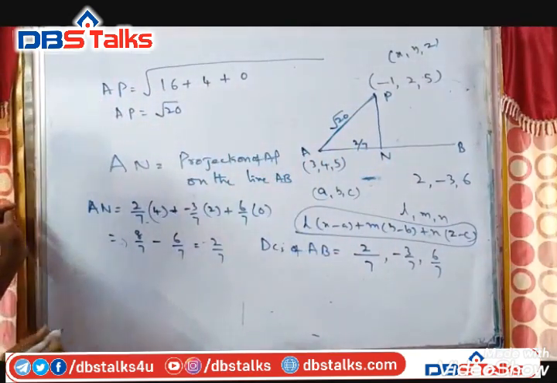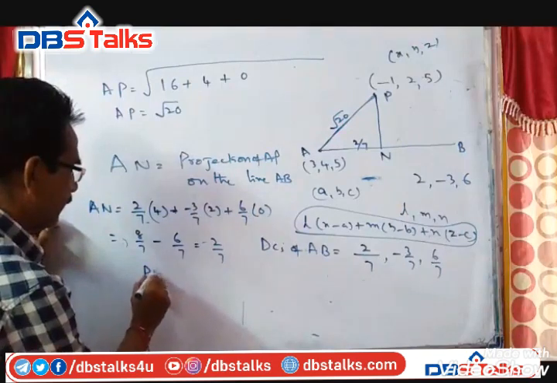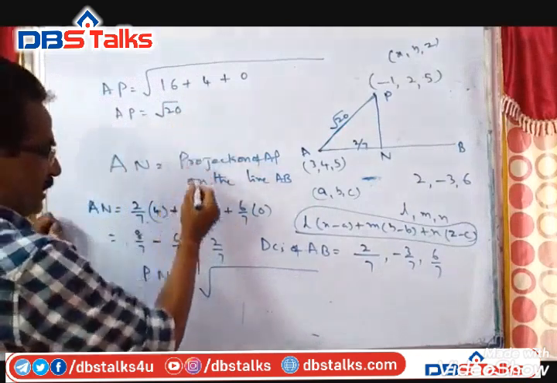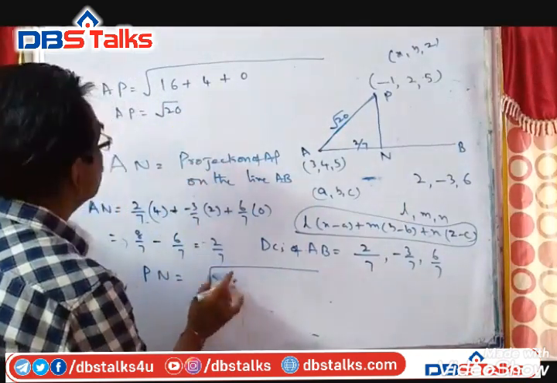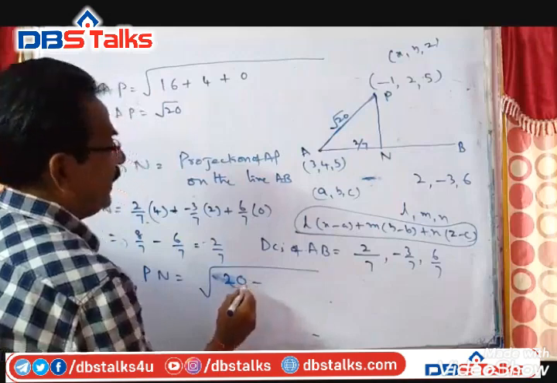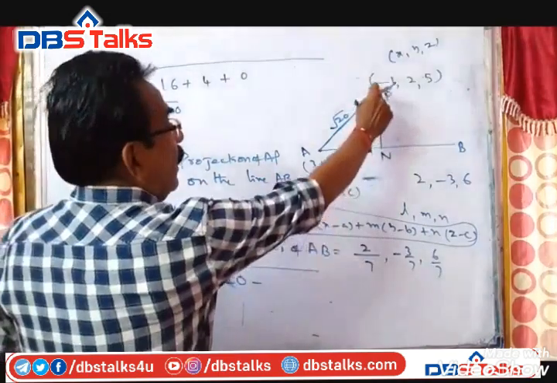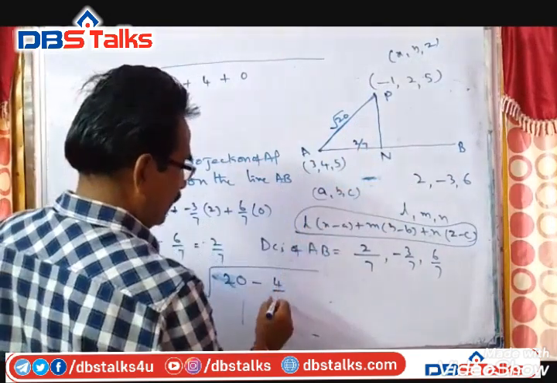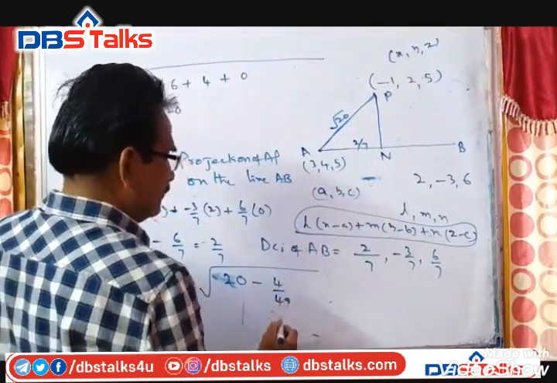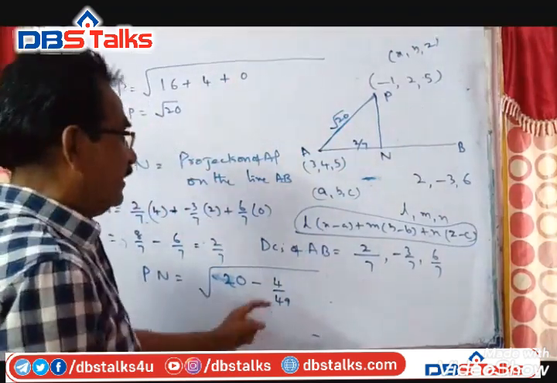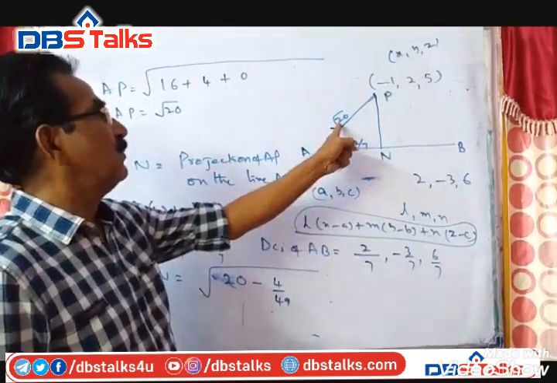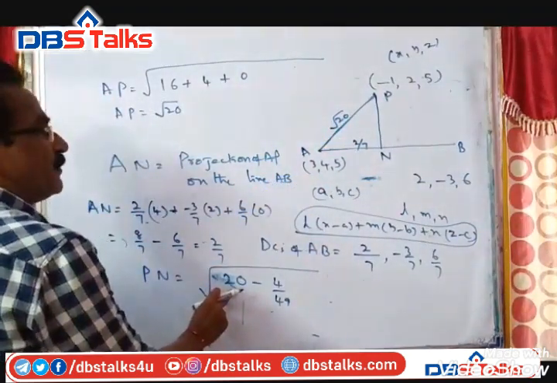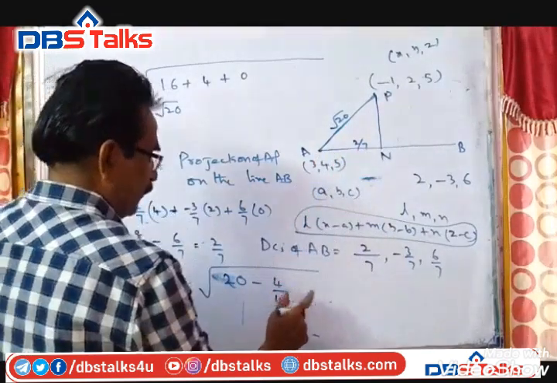Now we want PN. PN is equal to the root of AP square, that is 20, minus AN square, 4 by 49.